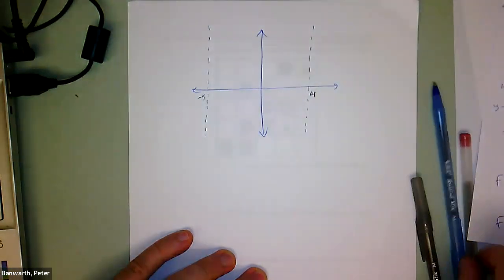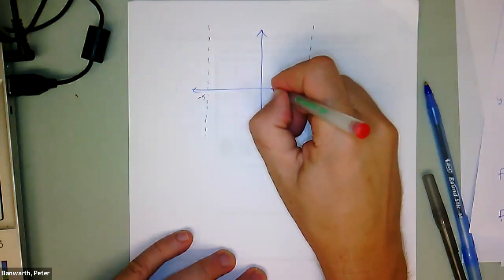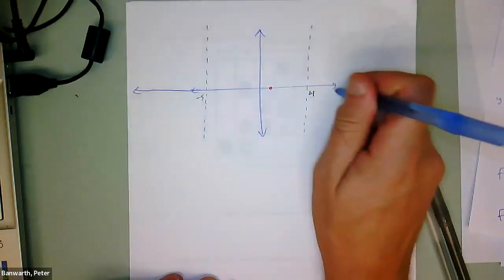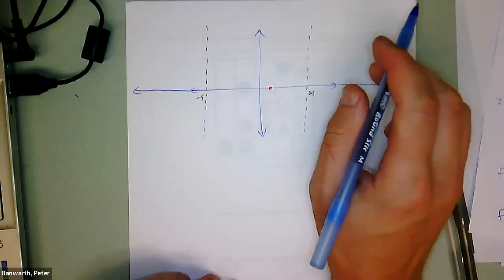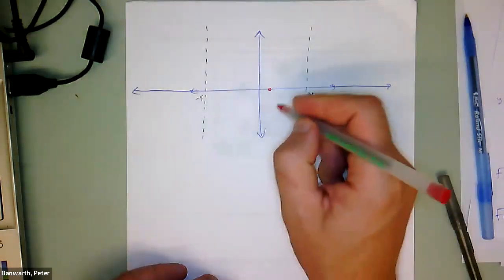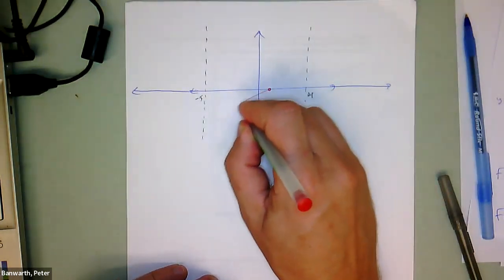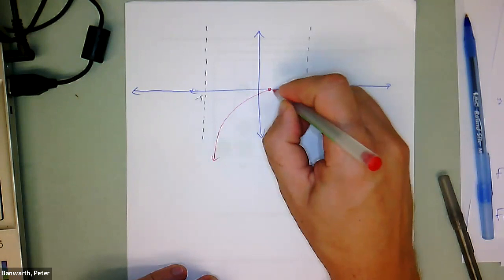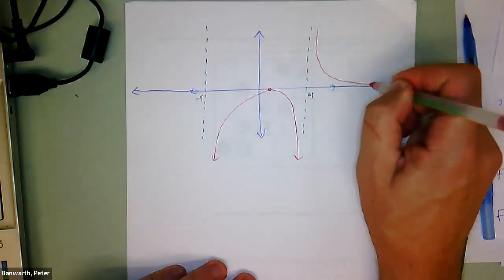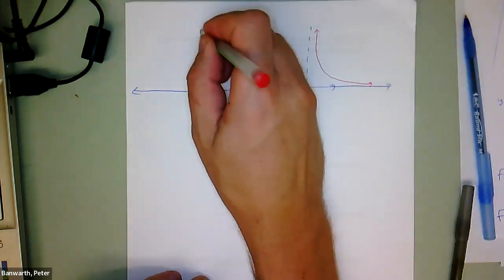It has a 0 at x equals 1. I have to extend this. And it looks more or less like this.